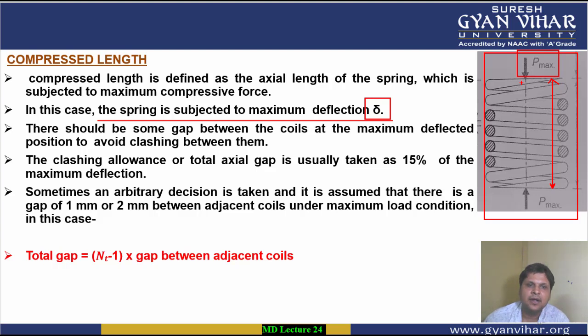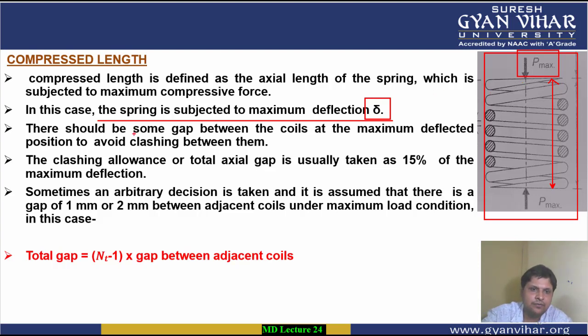There should be some gap between the coils at the maximum deflected position to avoid clashing between them. Therefore, compressed length should not be equal to or near the solid length. Why? Always there should be some gap between the coils to avoid clashing.